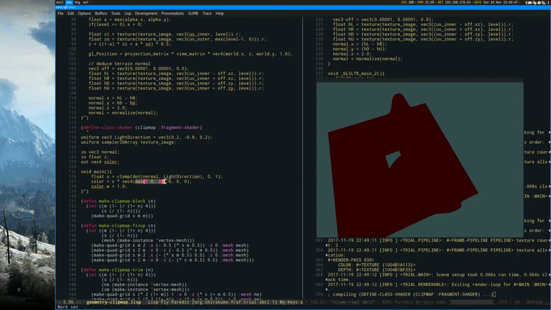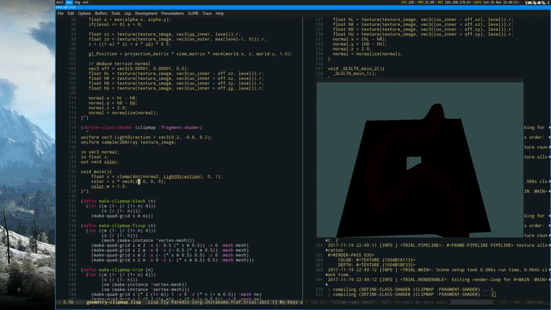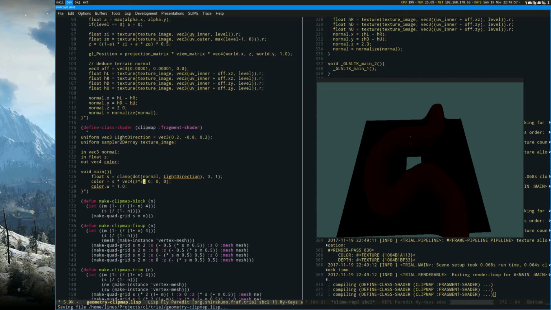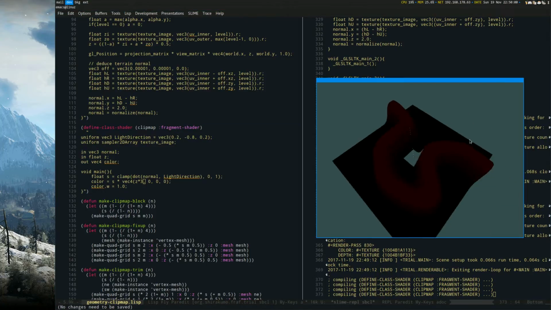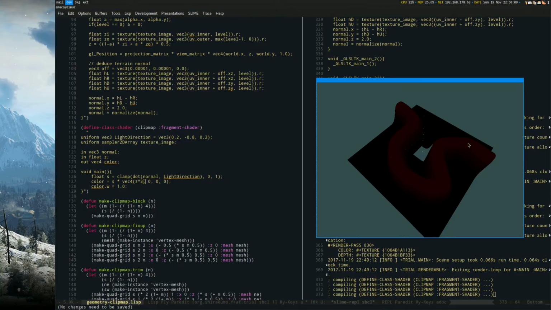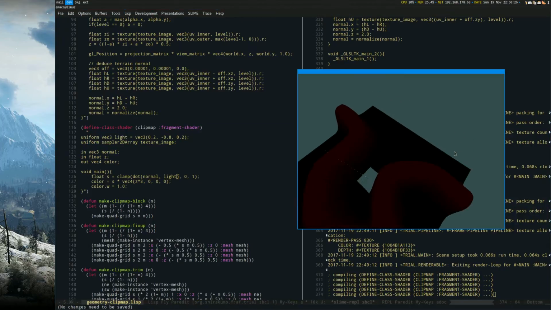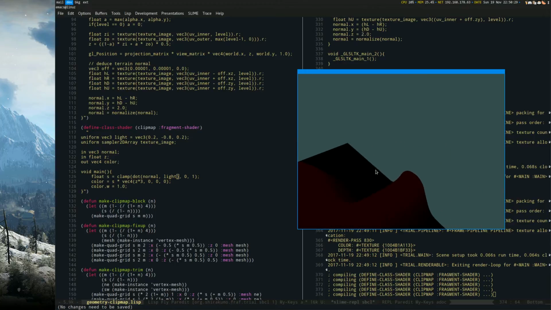What's that though? I have no idea if this is even working, right? I don't think it is. I don't see any directional light shading at all.